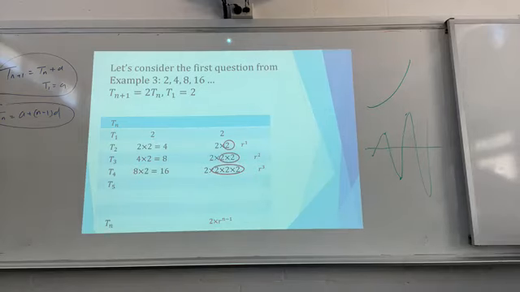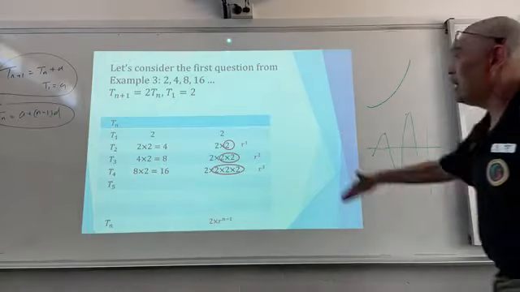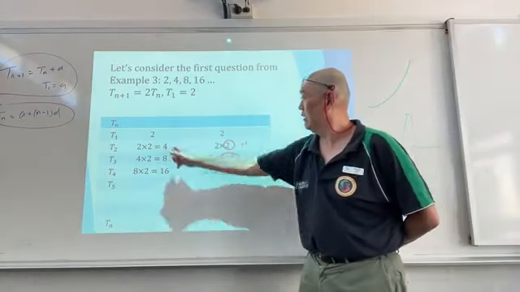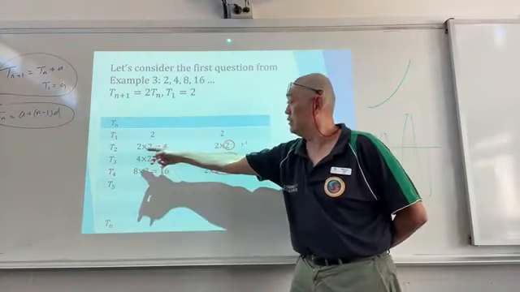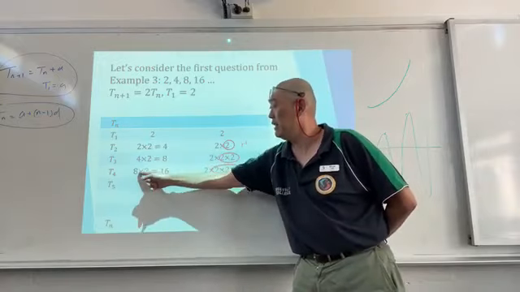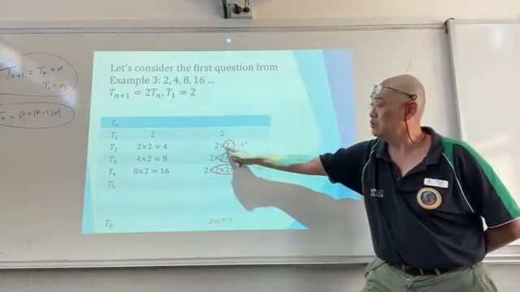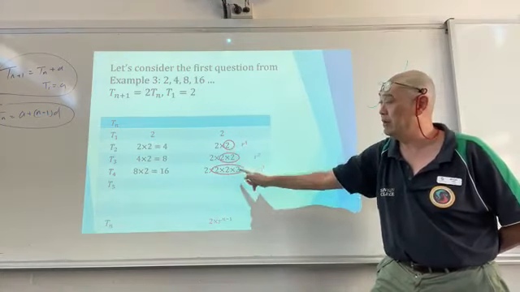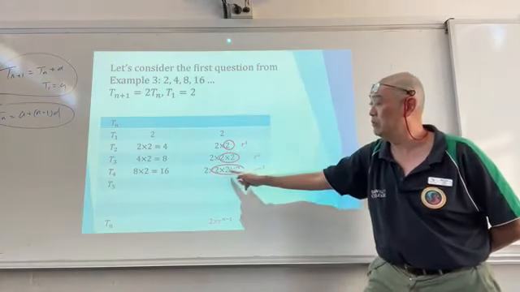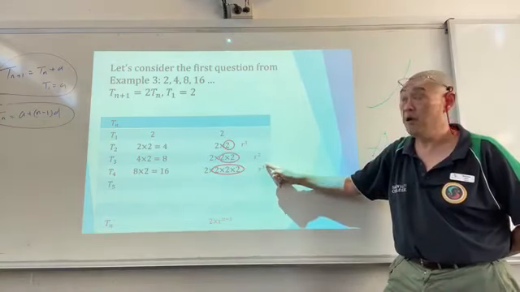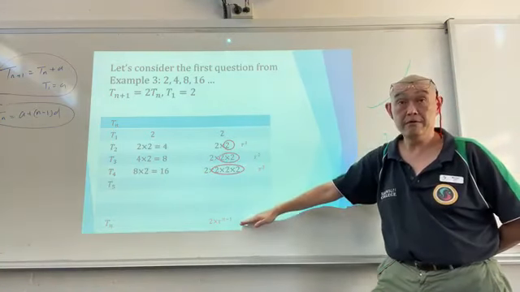What you can see is, if I set it up this way, T1 equals 2, T2 equals 2 times 2, 4 times 2, 8 times 2. 2 is actually the ratio. All right? So 2 is r to the power of 1, r to the power of 2, r to the power of 3. What do you get when you go to n?